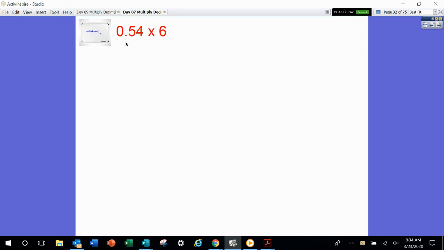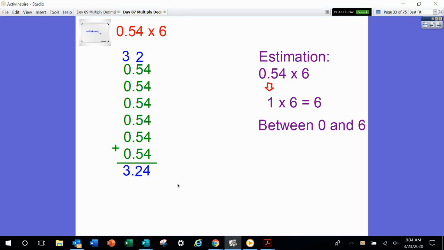Had I rounded down to 0, even though that's not the proper way to round, 0 times 6 would be 0. So my answer should be between 0 and 6. Oh yes, I got something that makes mathematical sense. 3 and 24/100 is between 0 and 6.